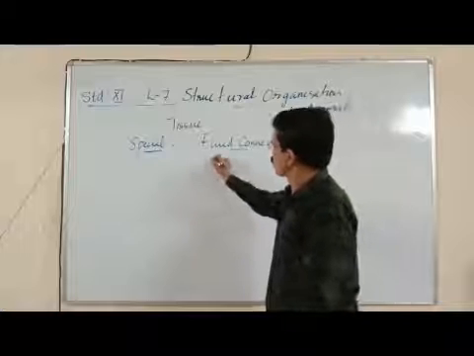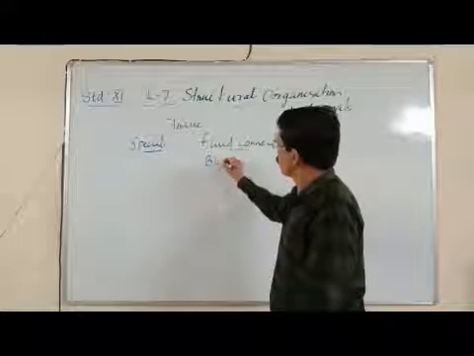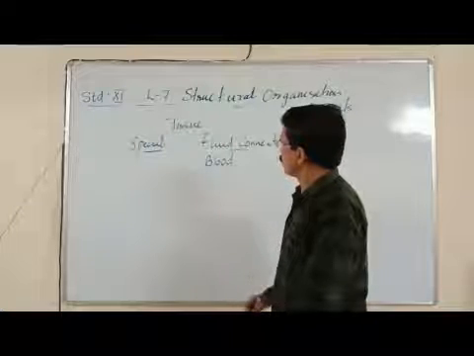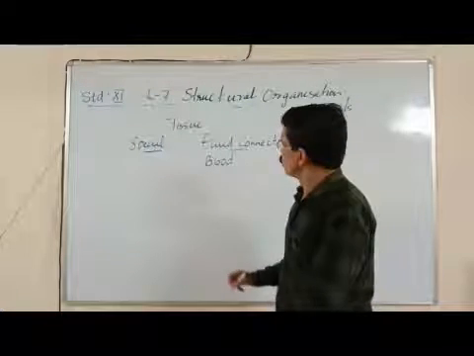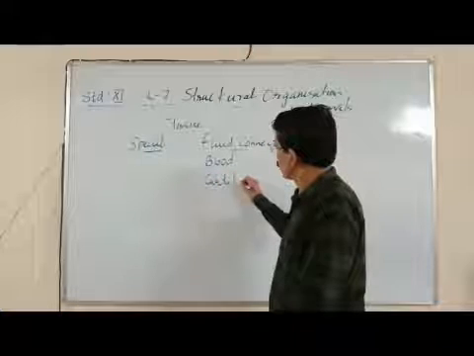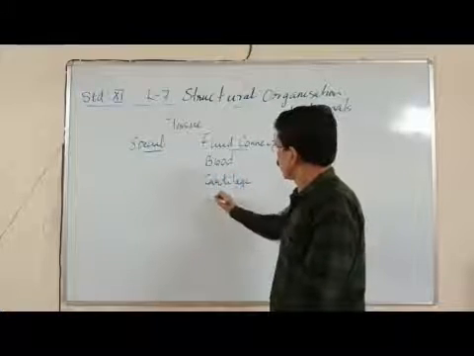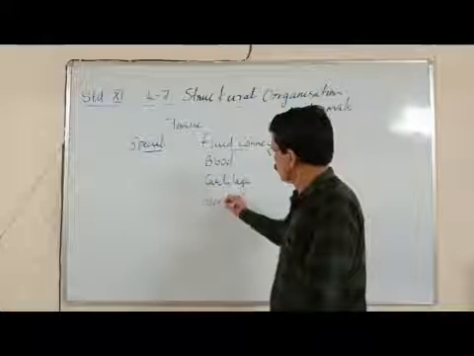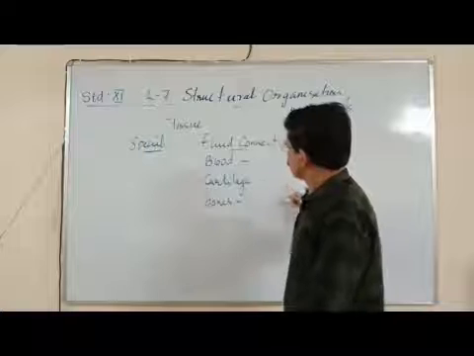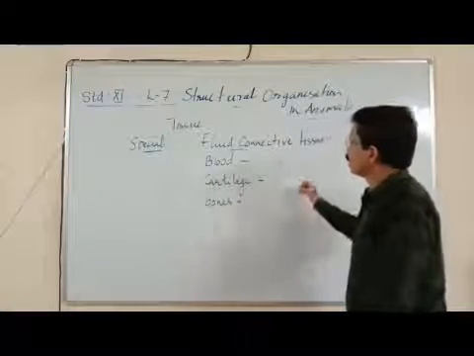First one is blood. Blood is the fluid connective tissue, and 2 more categories of tissues come in this group: cartilage and bones. The notable feature of these connective tissues is that they have a matrix.